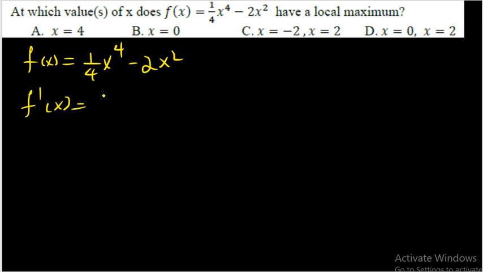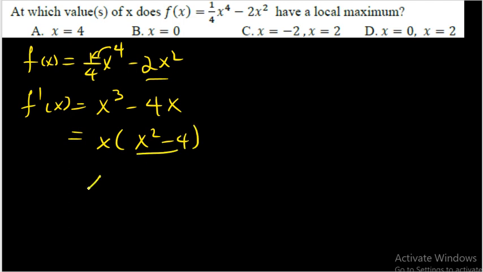The derivative will be, the 4 will come and multiply, so simply x cubed remains, minus, the derivative will be 4x. So what's common? Just x. What remains? x squared minus 4. I can factorize this, so it will be x minus 2 and x plus 2. So the zeros are 0, here 2, and here -2.